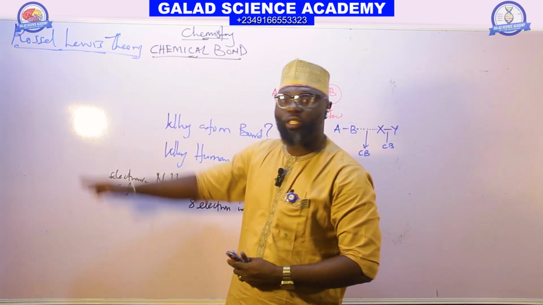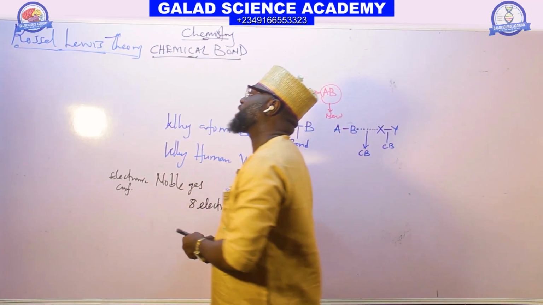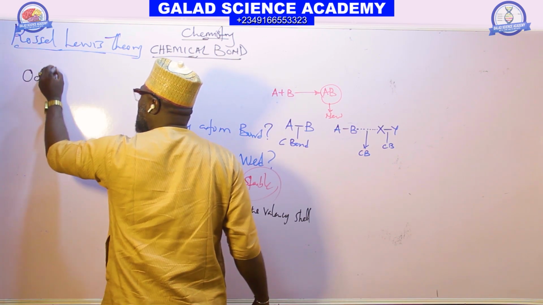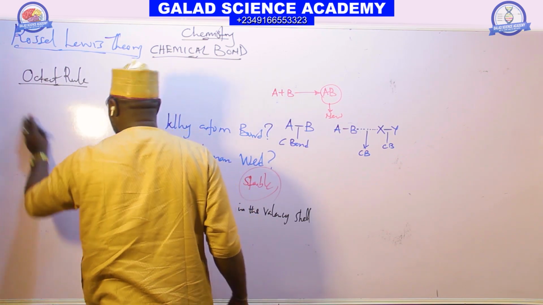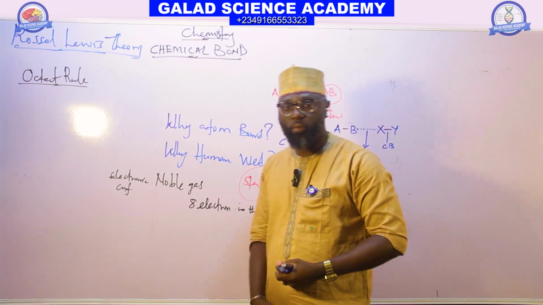So this Kossel and Lewis theory now leads us to what we call the octet rule. What is the octet rule?